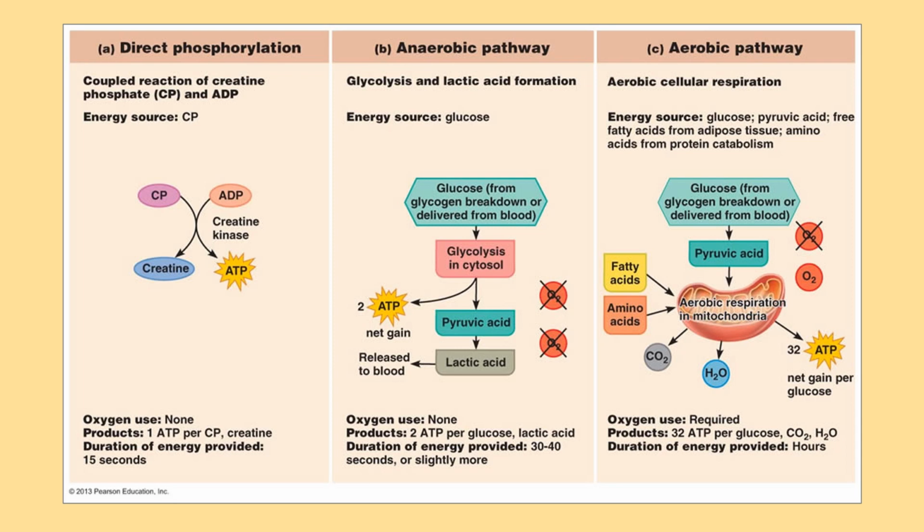It does produce many more ATP than the other 2 processes shown here in panel A and panel B. And the aerobic pathway is most important for sustained muscle activity. So more than a minute of muscle activity, and the vast majority of that ATP is coming via the aerobic pathway.